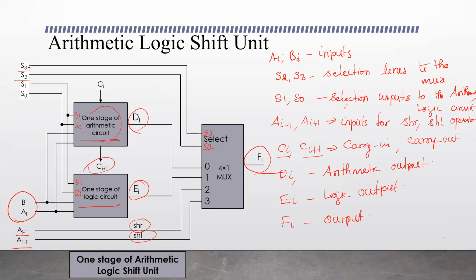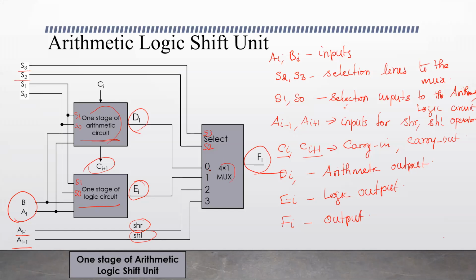So here S2 and S3 are the selection lines given to the multiplexer. This arithmetic circuit performs arithmetic operations, and DI is the output from the arithmetic circuit, one of the arithmetic operations. EI is the output from the logic circuit, one of the logic operations. Now the multiplexer has to select one of these inputs.